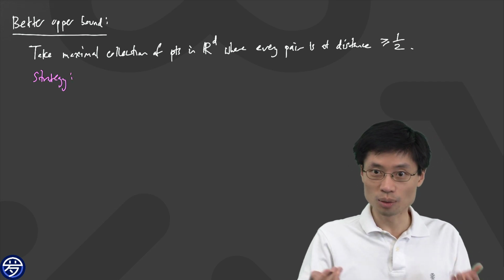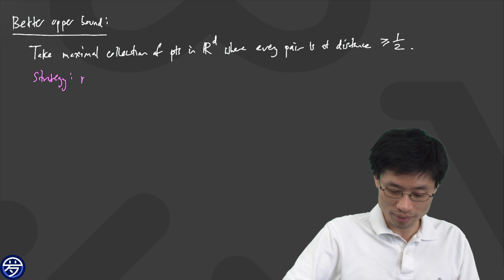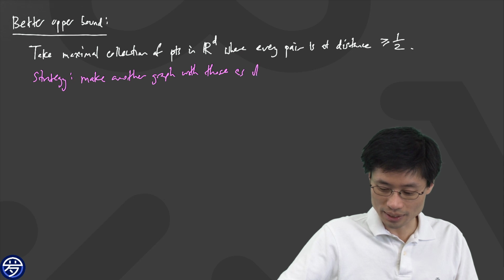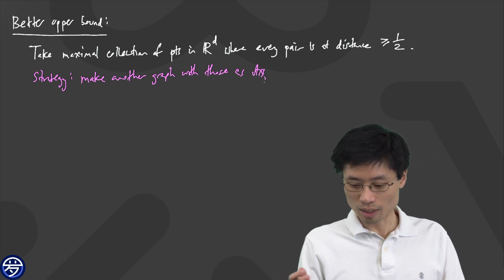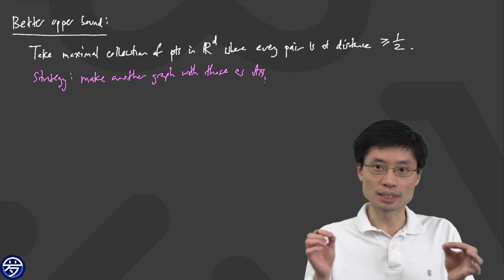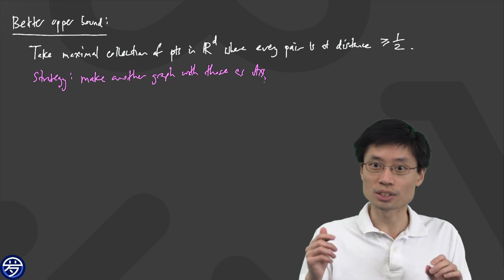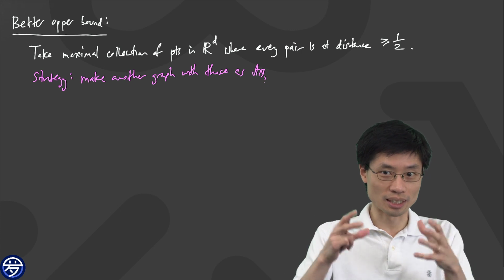What I'll do is make another graph, with those points as vertices, and we'll use the distance between them. We'll connect them if they could potentially create two points which are at too close of a distance.